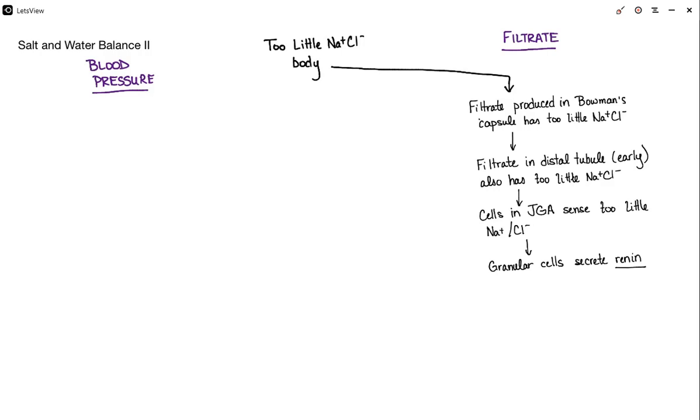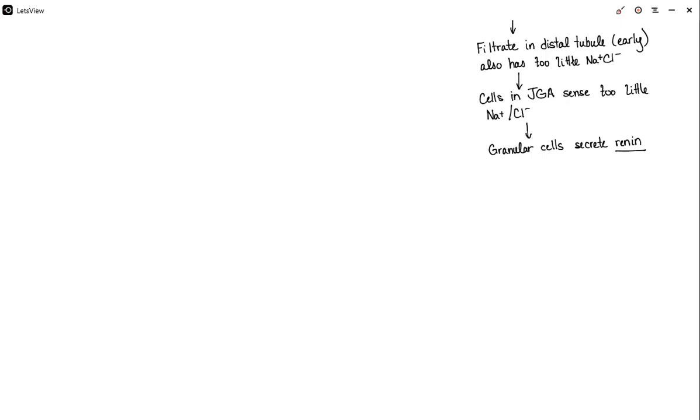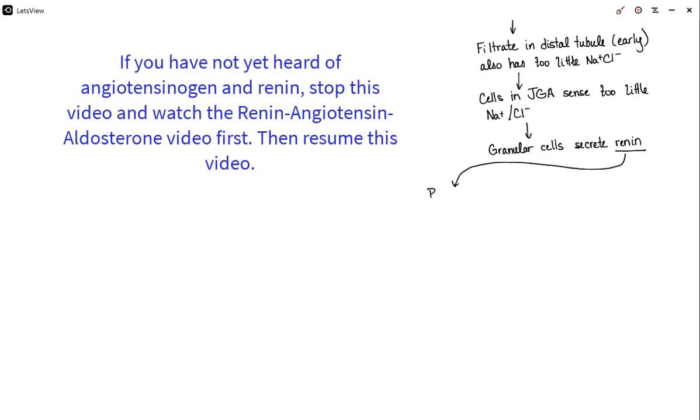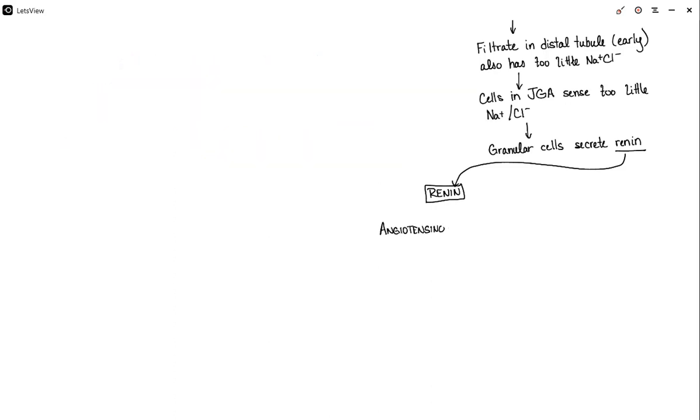So renin is going to be secreted from these granular cells into the bloodstream and activate the renin-angiotensin-aldosterone pathway. And we've covered this in a prior lecture, so we'll quickly review it here. Renin is an enzyme that is going to take angiotensinogen, which is a plasma protein, and convert it into angiotensin 1.